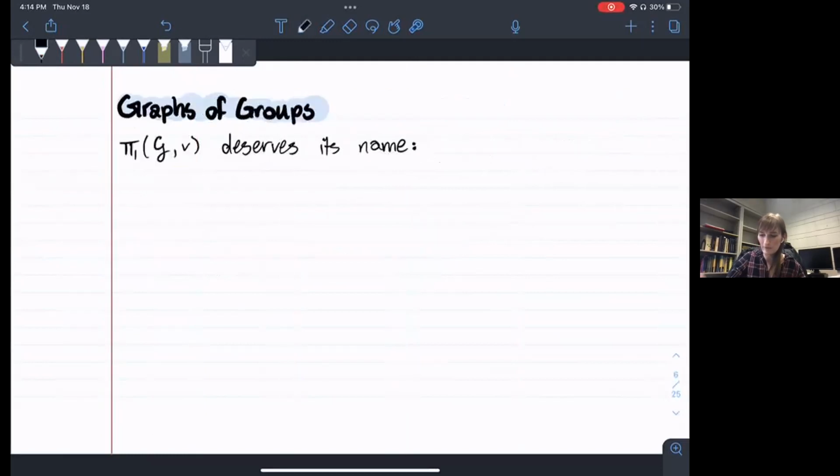The fundamental group of the graph of groups really deserves its name. You can think of it as having a base point, which I'm going to take to be a vertex for convenience. And you can think of elements of the fundamental group of the graph of groups as edge paths.